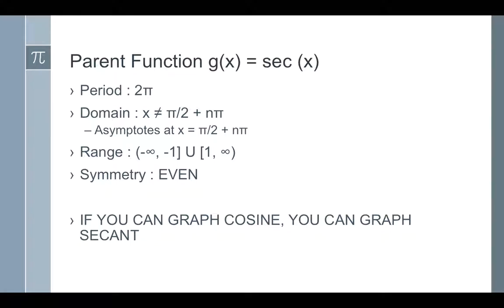The domain in this case, the cosine crosses the x-axis at the pi halves, and so it's pi halves plus any multiple of n pi, and that's where our asymptotes occur. The range is the same because the range for sine and cosine are the same. And in this case, it's even symmetry because cosine has an even symmetry. And again, if you can graph cosine, you can graph secant.